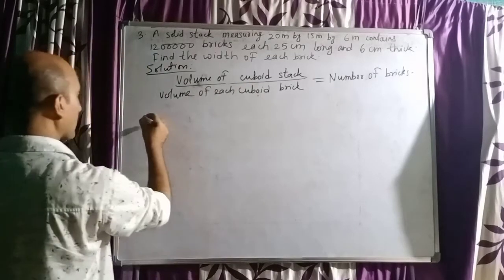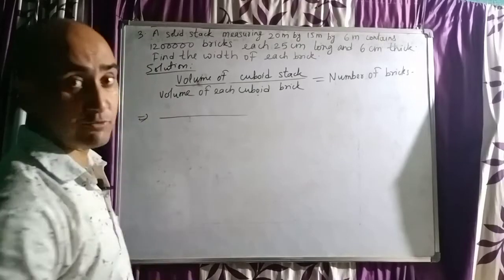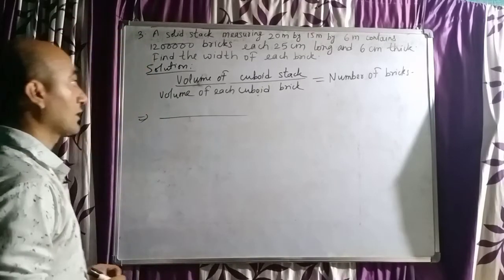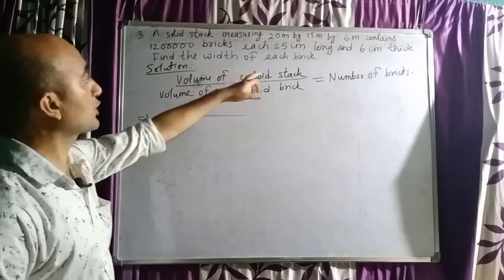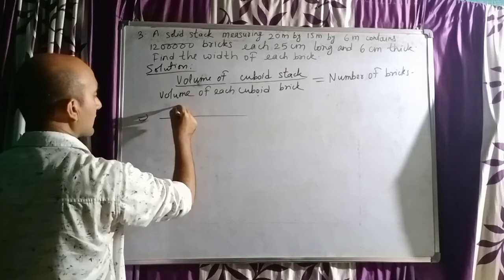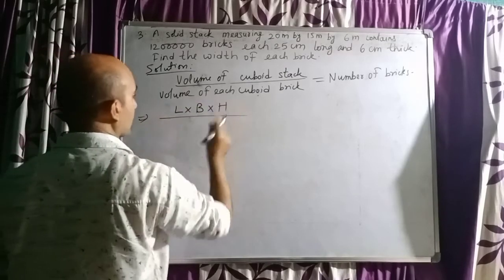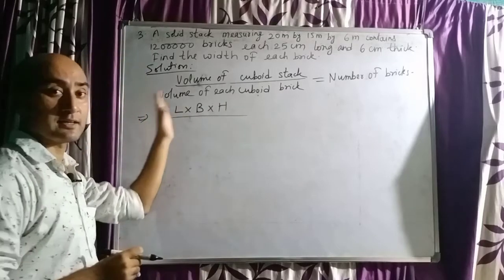Now you have to use the formula as per the discussion in the first video where we discussed in the virtual class. So the volume of the cuboid stack, we can say the volume of a cuboid is length into breadth into height. Here let us write the capital letters.